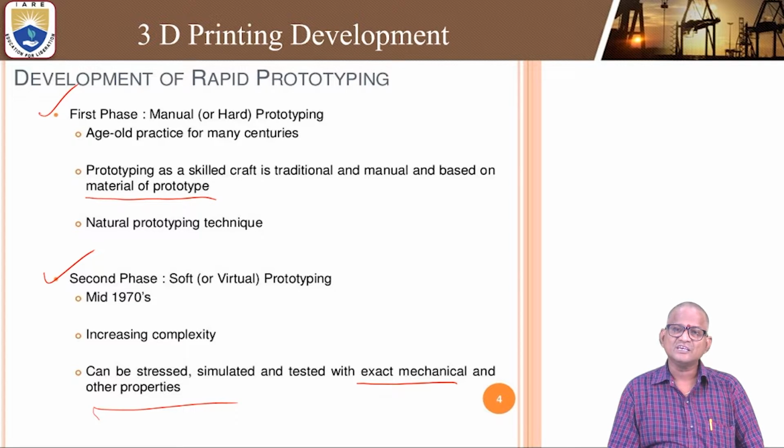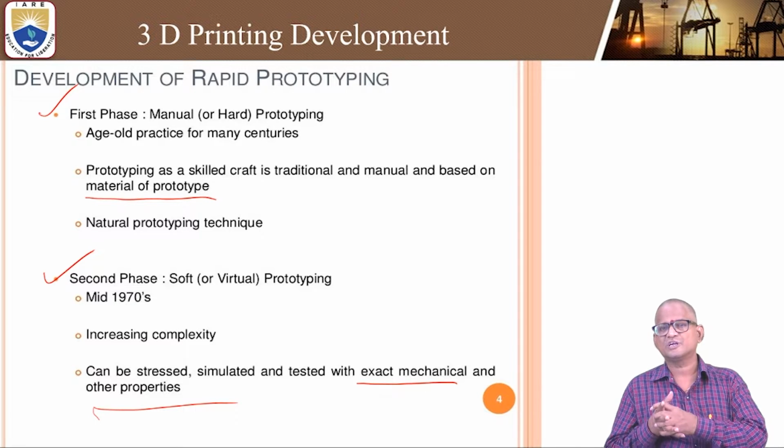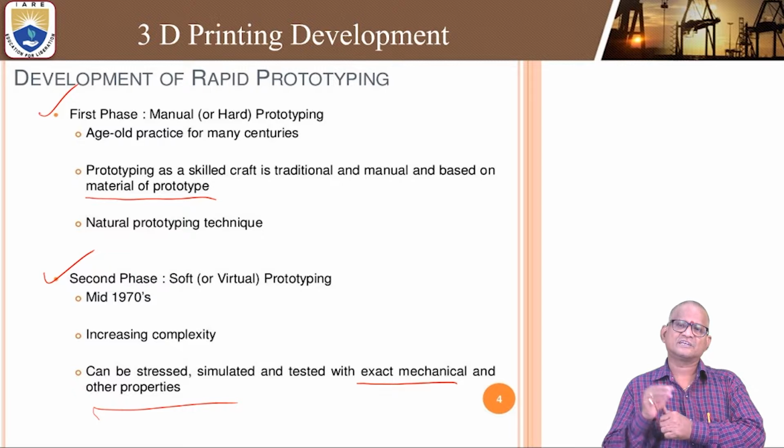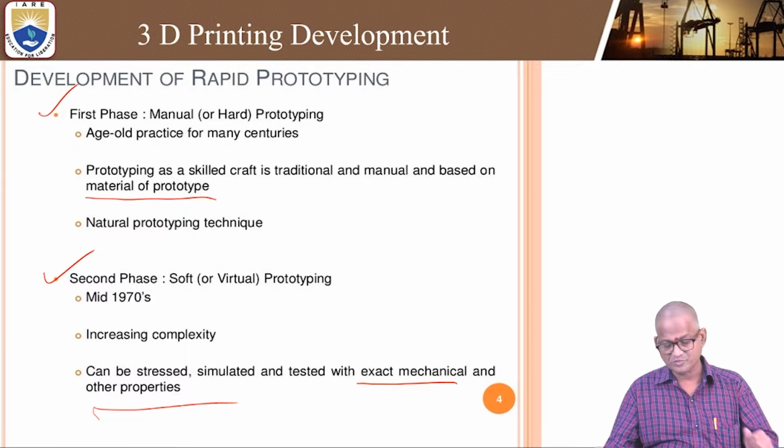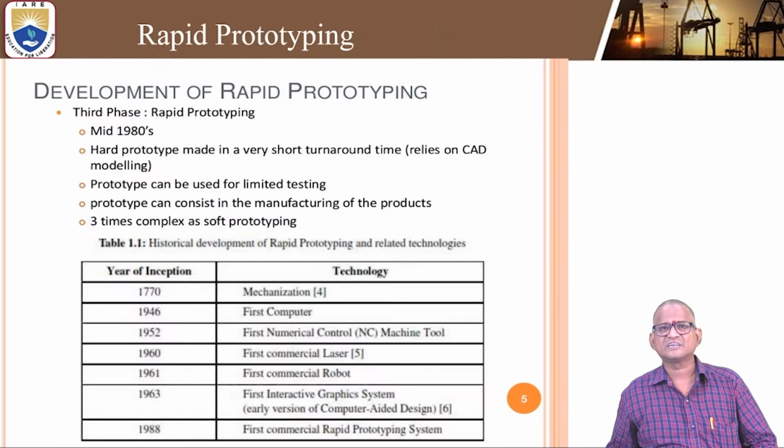So however many prototypes exist, the real thing also has to be manufactured and tested, and only then can it be improved for future applications. So this is the first phase and second phase.